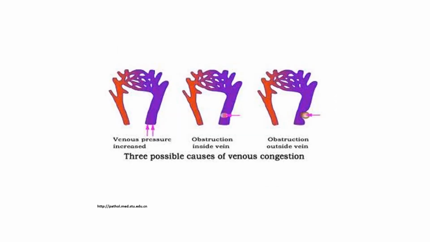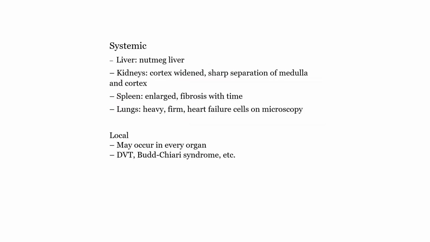What are the causes of venous obstruction? The obstruction could be from outside, if you wrap a band around the vein. It could be from inside, if you have a thrombus within the vein.